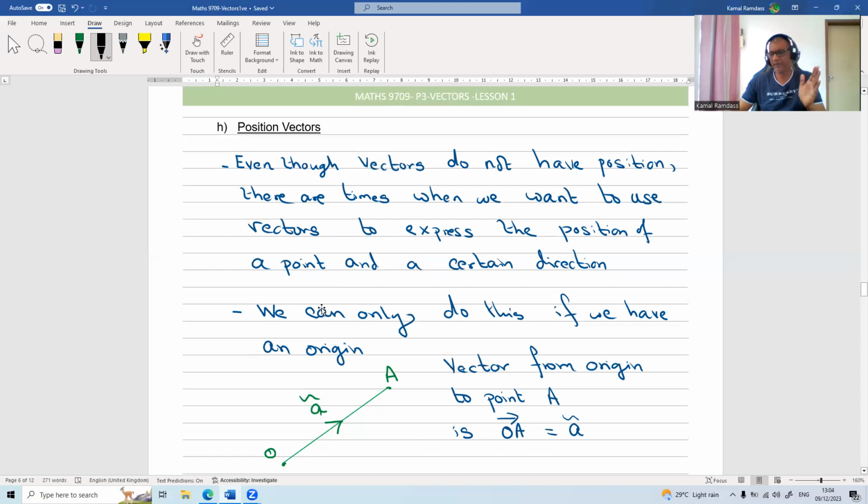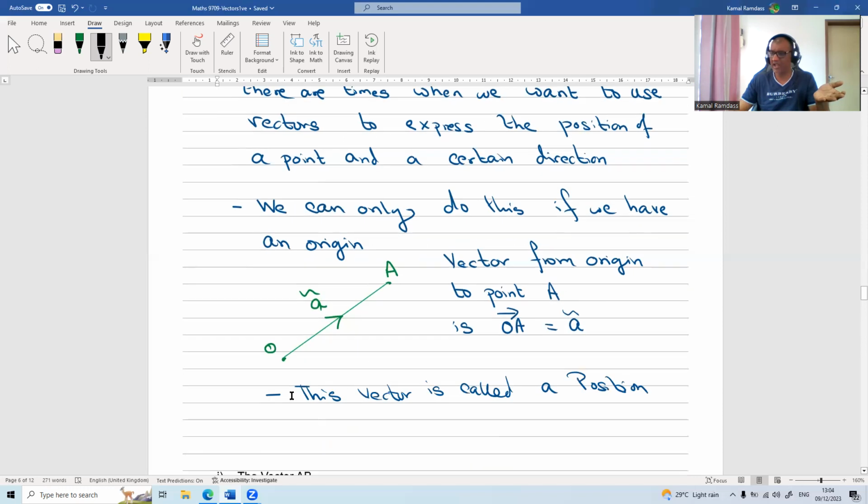If we have a point P, with respect to an origin, we can say there exists a position vector. If my origin is O and my point is E, there is a position vector OE. The vector from origin to point E is called the position vector OE, and vector OE is equal to E bar.